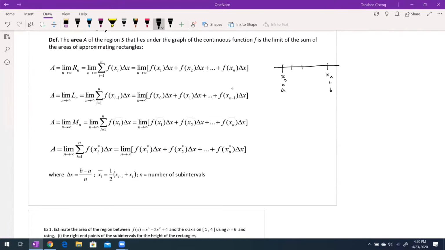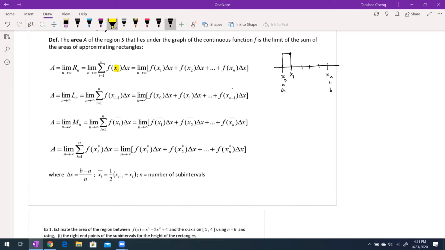Going with the right endpoint, for the very first rectangle, you'll use x of 1 to approximate the height. So in the formula, the index i starts from 1 and goes to n. Notice that the height is x of i.